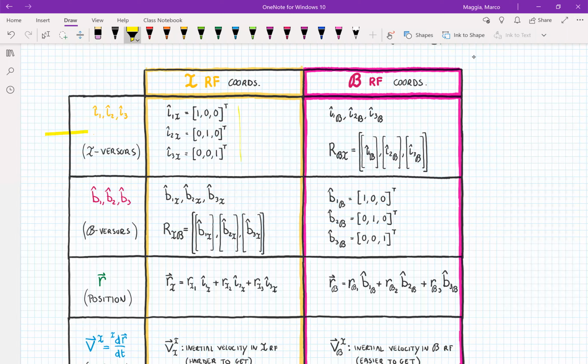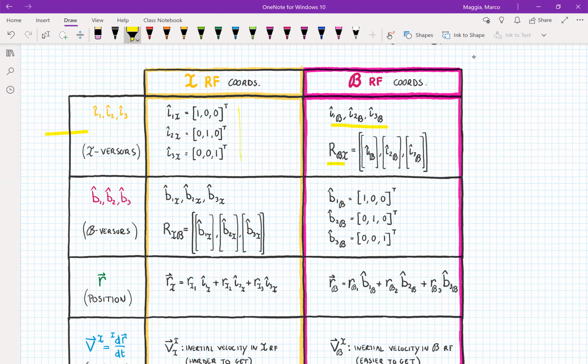Whereas the expression in the non-inertial reference frame, well, that depends on the direction cosines. But once you have the versors of I expressed in the B coordinates, you can construct the rotation matrix from I to B, or RBI. Remember that we're reading things from right to left.